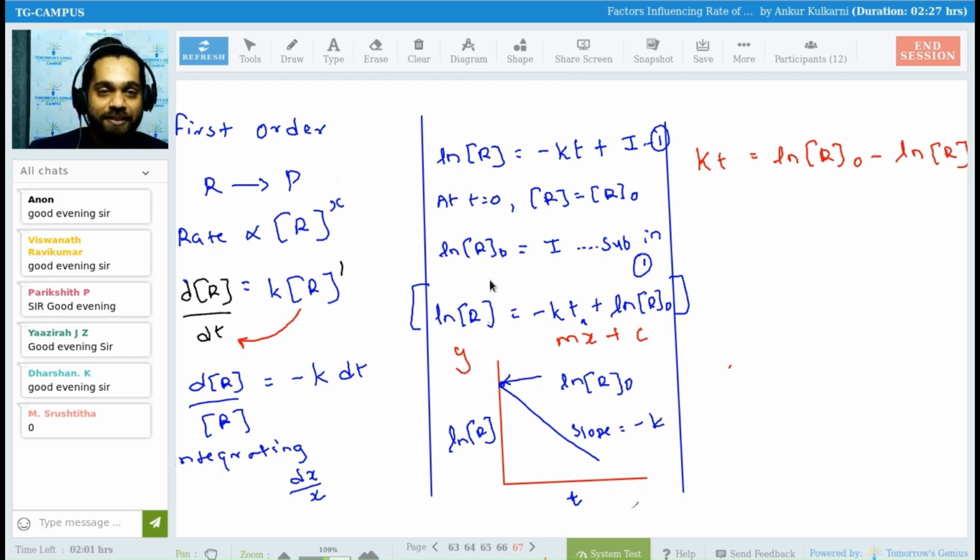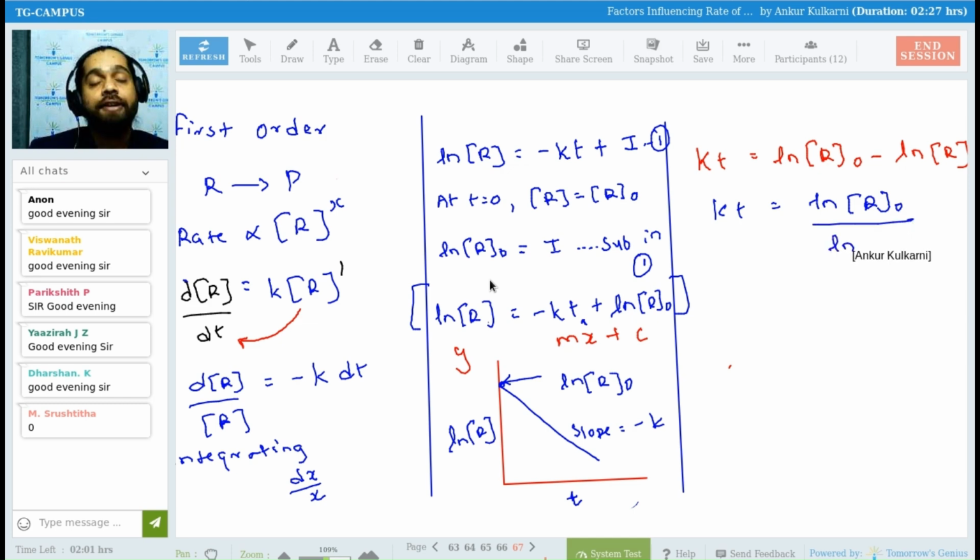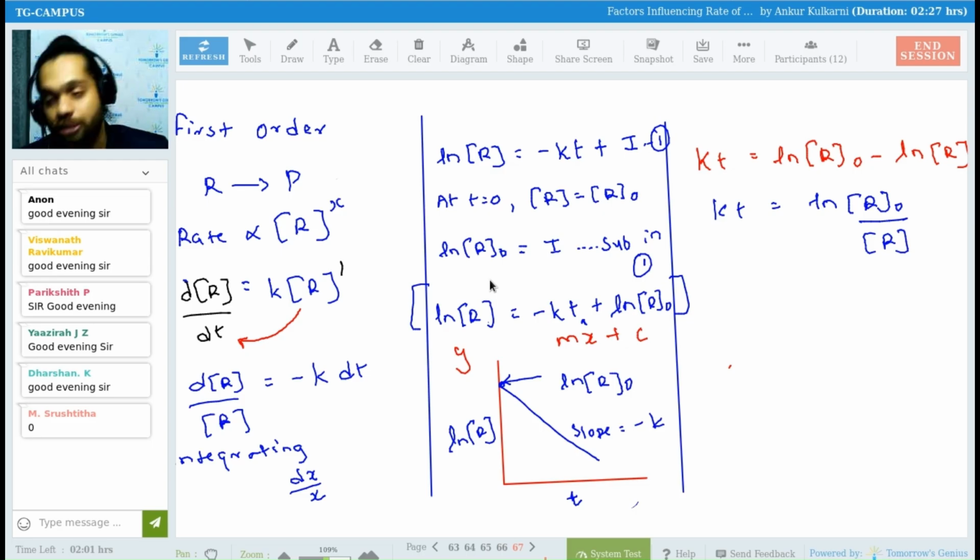It is ln a over b, not ln a over ln b. So ln r naught minus ln r will be ln of r naught over r. So ln a minus ln b is equal to ln a over b. Is it clear, everyone, till over here?